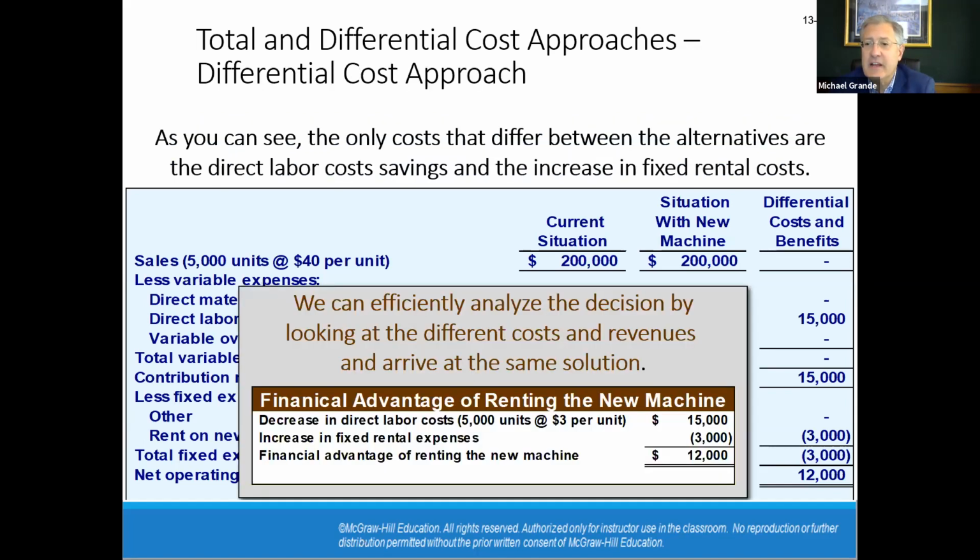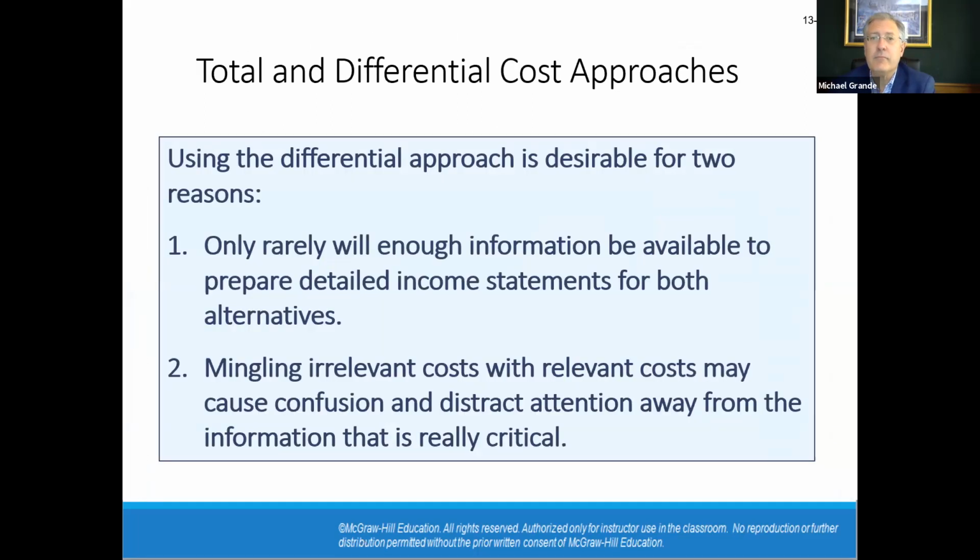We can efficiently analyze the decision by looking at the different costs and revenues and arrive at the same decision. Again, just looking at the pieces that are different because everything else stays the same. The only things that changed were, one, the decrease in the direct labor and, two, the increase in the fixed costs. Using the differential approach is desirable for two reasons.